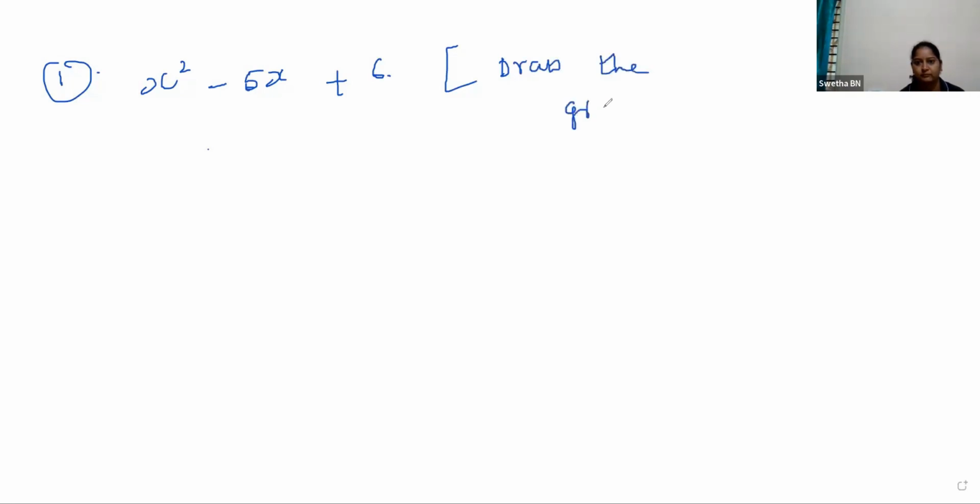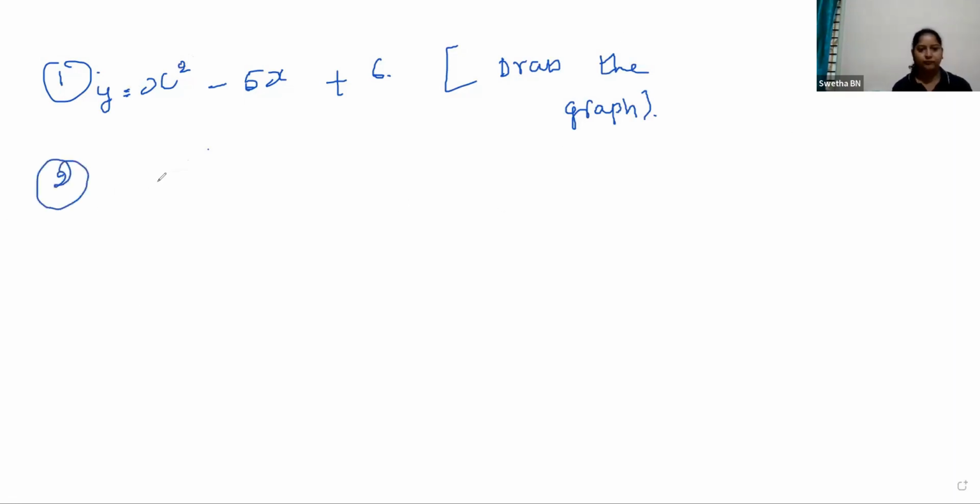Okay, I'll give you sums. Practice these sums, children. First one: x square minus 5x plus 6. Draw the graph for this. Y is equal to that; find the values of x and y, children. Then you plot the graph.